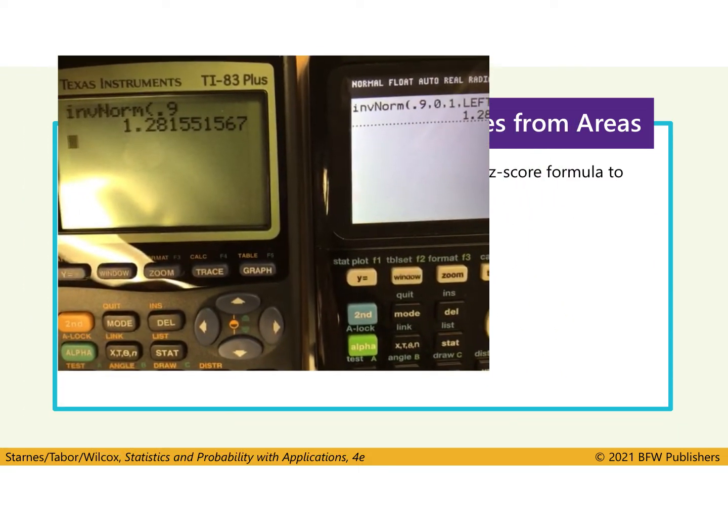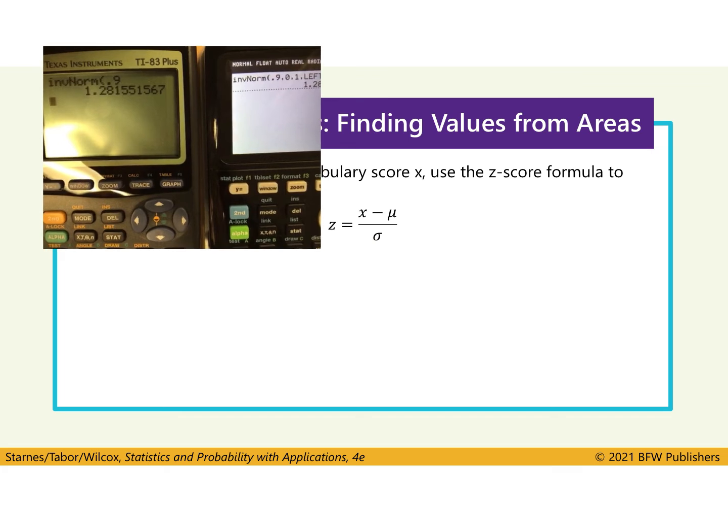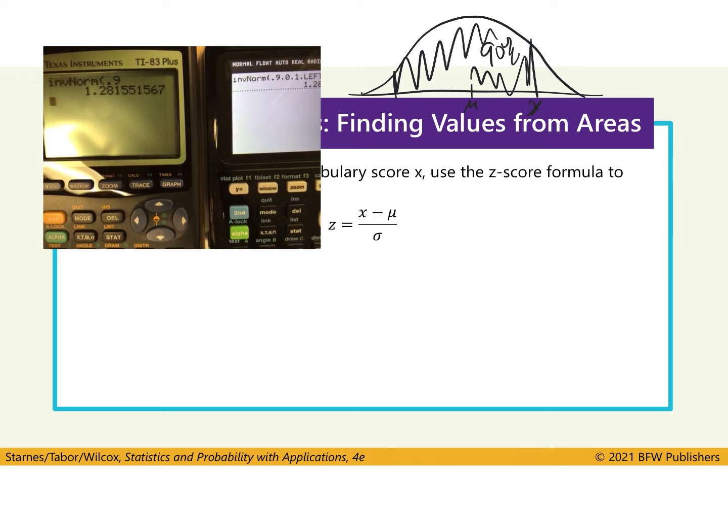So we're going to start with this value. Okay. Now, our model, let's just remember what that picture looked like, had 90% of the values below. I want to know what that value is. Okay, so that's what I mean by left.